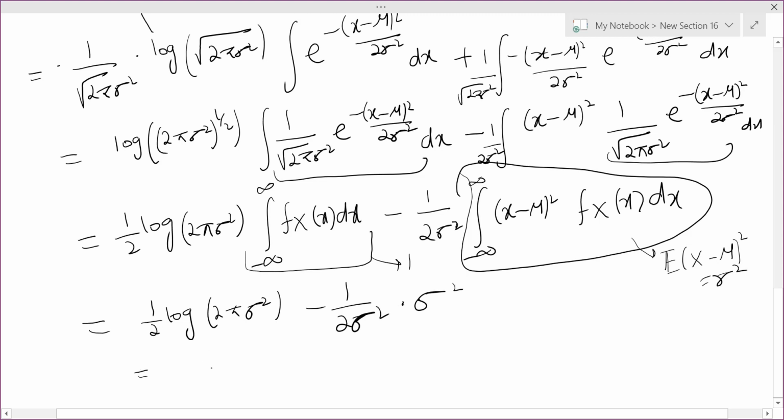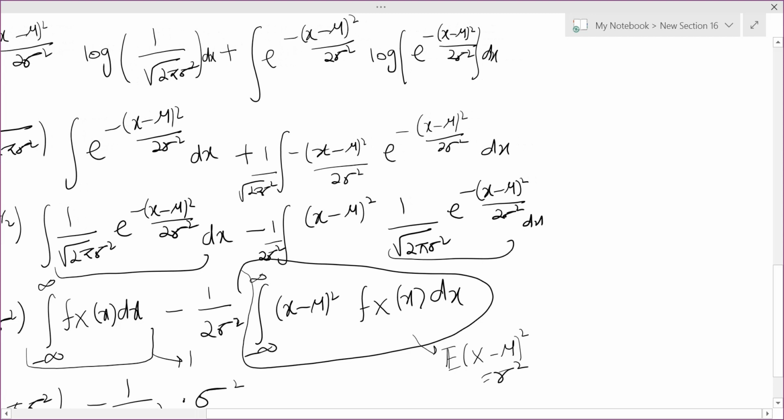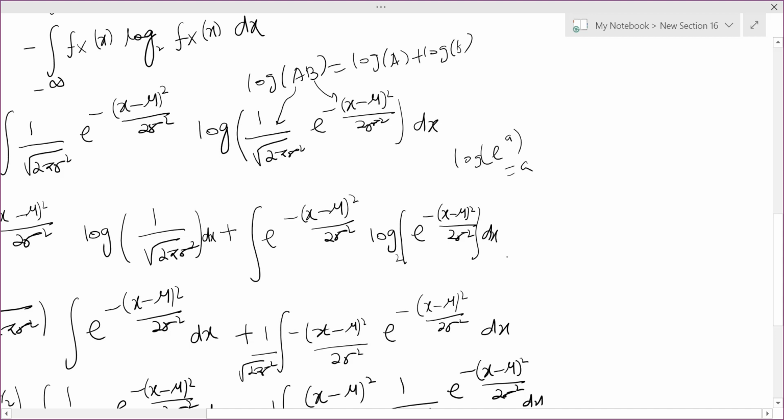Okay, but I have made one mistake. I will now correct that. See, the log we are taking here, we have to be very careful. It is to the base 2. Now log to the base 2 of e to the power a is a log e to the base 2.